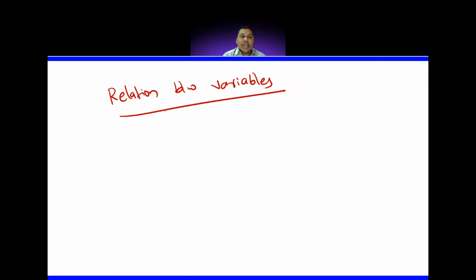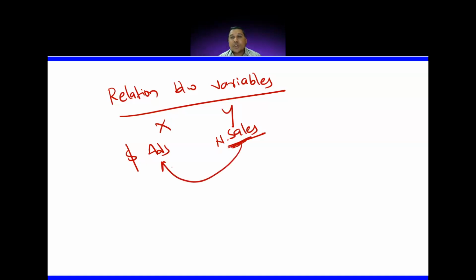What are those variables? x and y. In our example, x is the cost of advertisement, and y is the number of sales. So sales is dependent on which one? Sales is dependent on the advertisement cost, how much money you are spending on the advertisement.